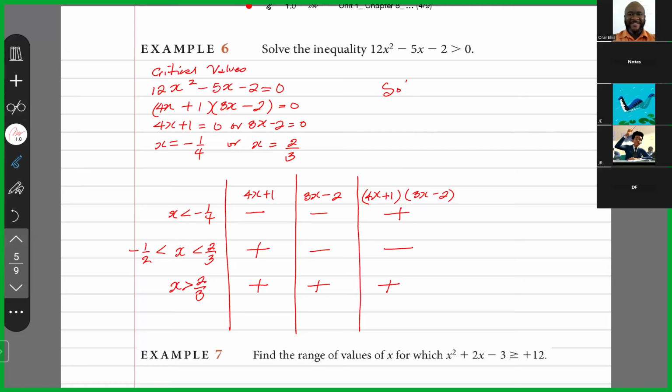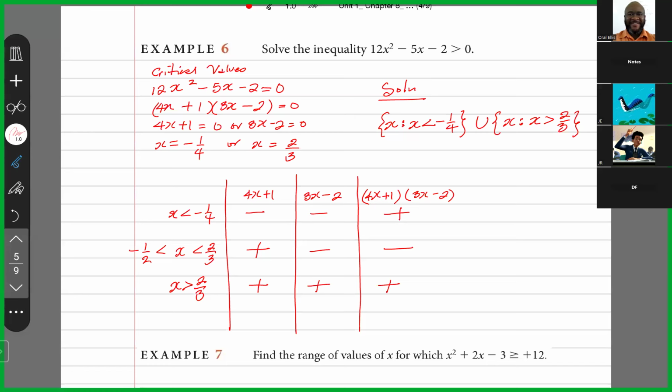And our solution, according to the sign table, is all x such that x is less than minus a quarter, union all x such that x is greater than 2/3.